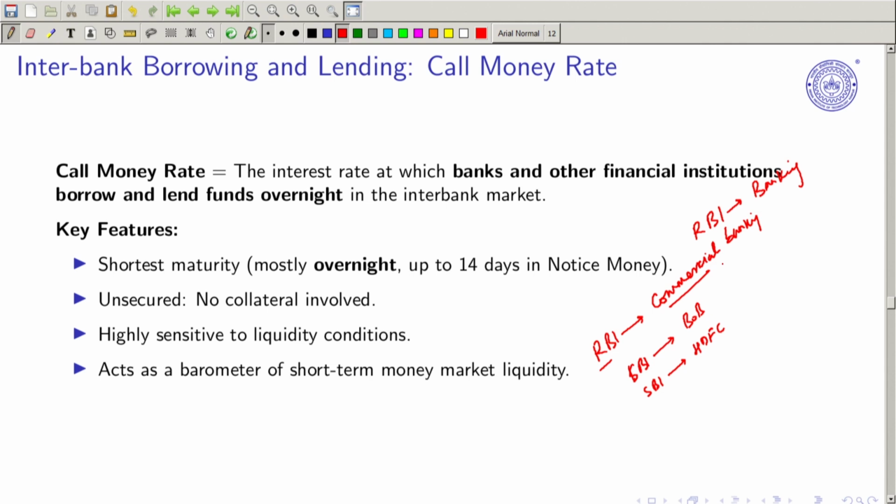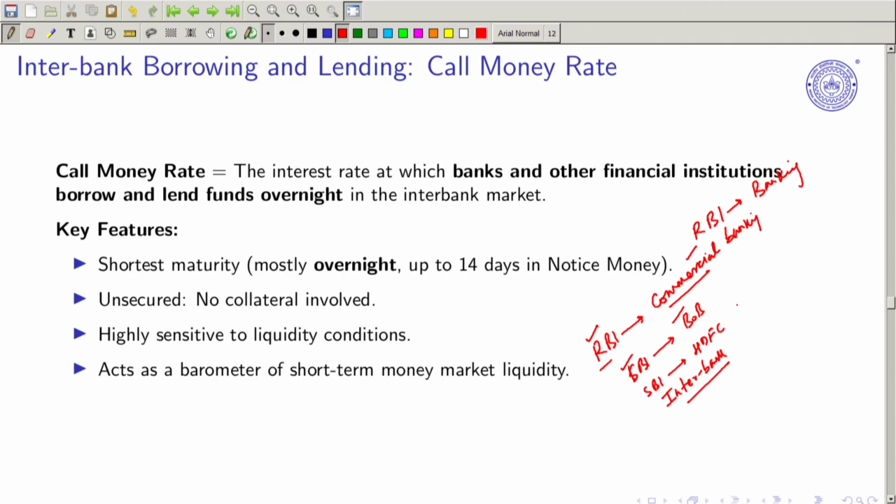Borrowing and lending of money does not happen only between the central bank and the commercial bank, it also happens between banks. So interbank means that one bank is lending to another bank and making money out of it, right?